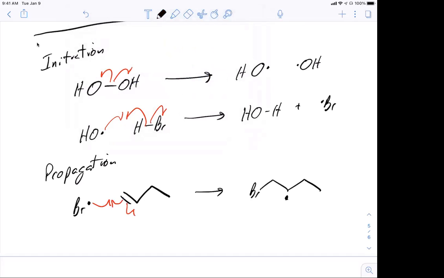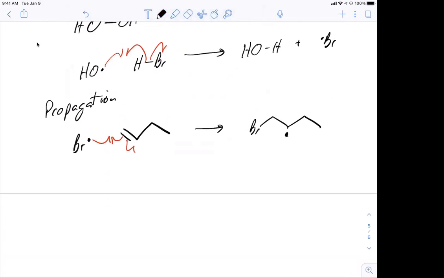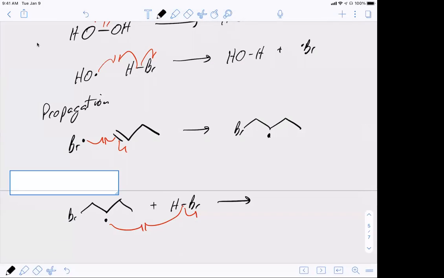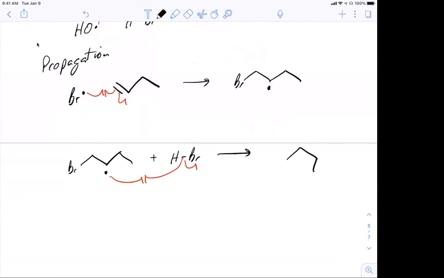So I've added the bromine to form the secondary radical. Then that radical, to finish out the propagation step, reacts with HBr to reform our reactive radical, the bromine, and to complete the reaction, right? The anti-Markovnikov addition of the hydrogen and the bromine.